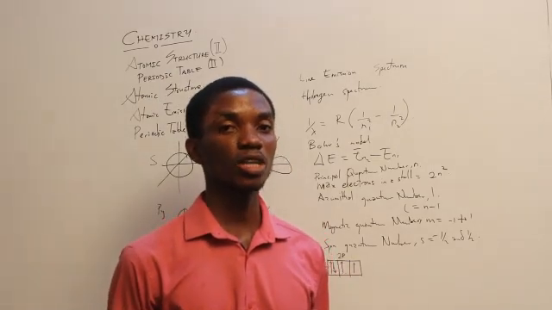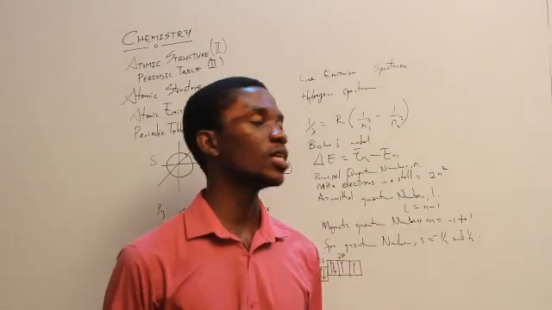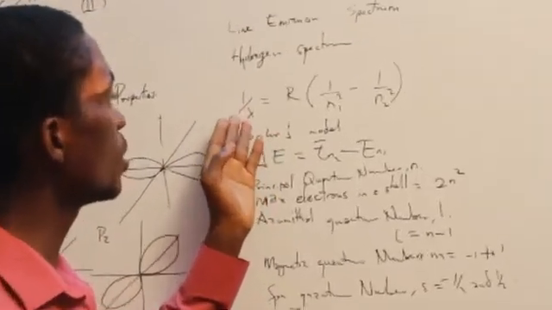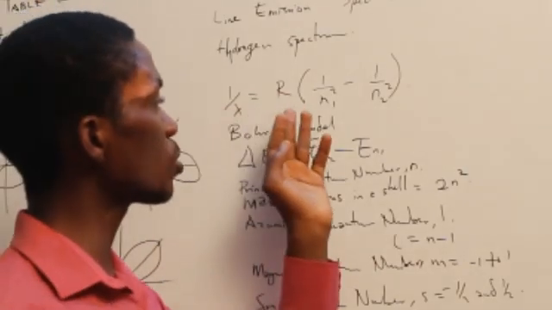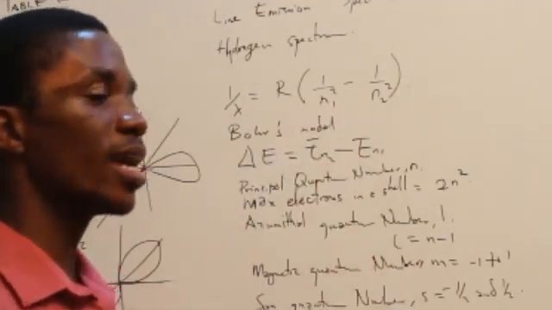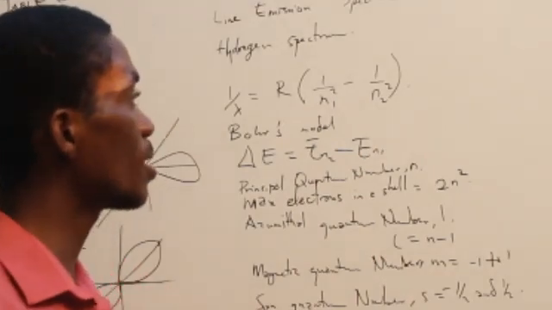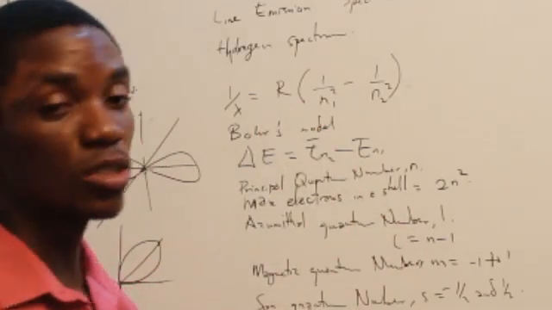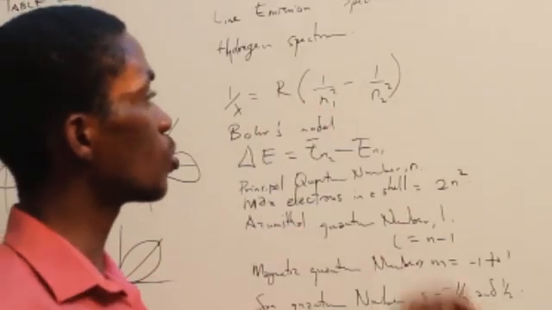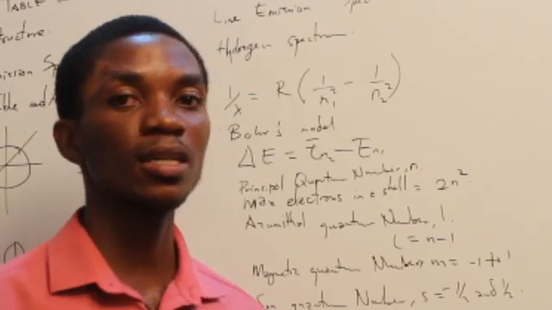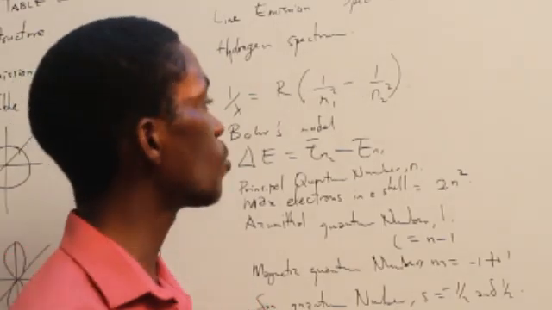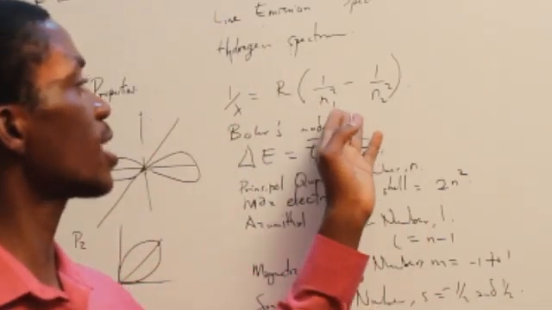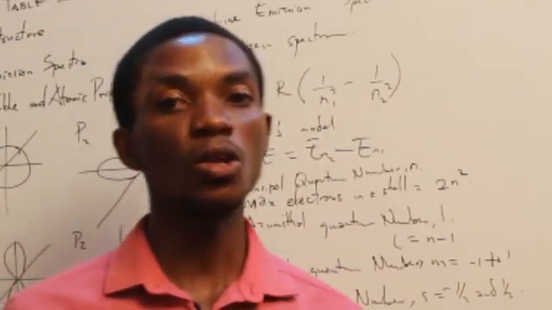They were able to observe it closely, and it was observed that the wavelength can be calculated using the expression 1/λ = R(1/n1² − 1/n2²). Where R is the Rydberg constant, and n1 and n2 are simply levels in the orbitals, either level 1 or level 2. The first one is always the lower level, while the second one is the higher level.